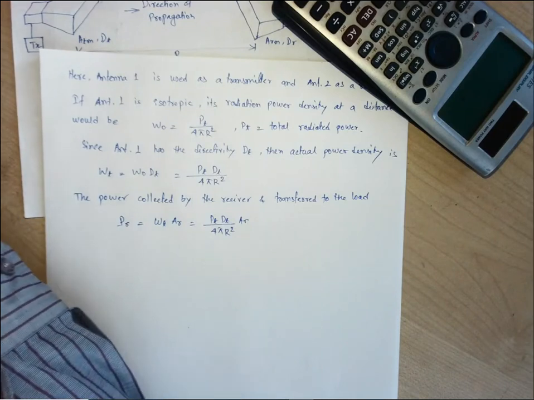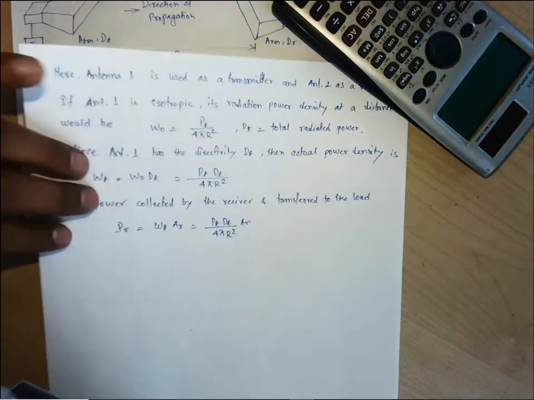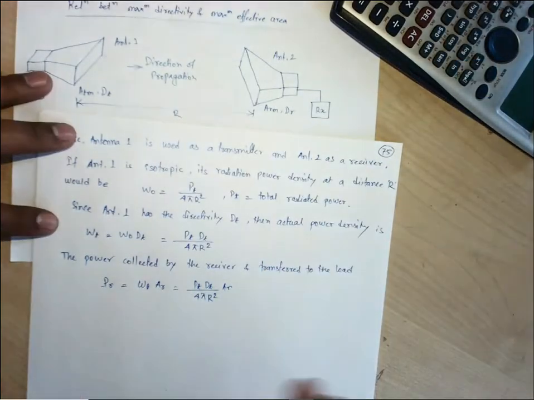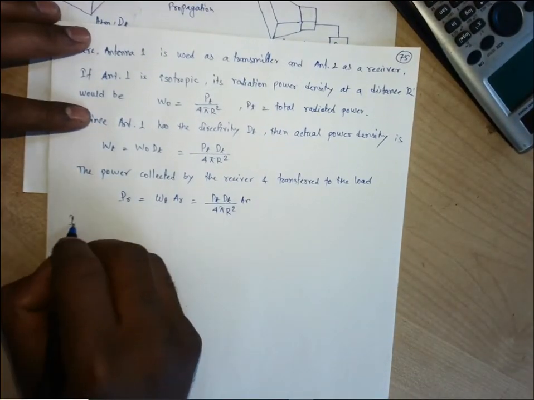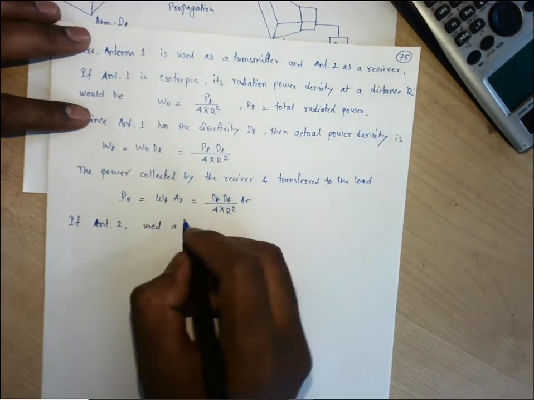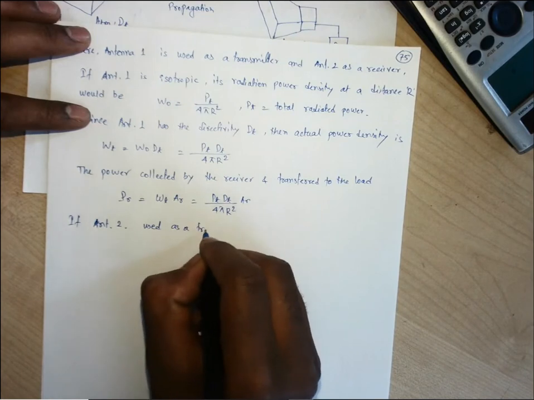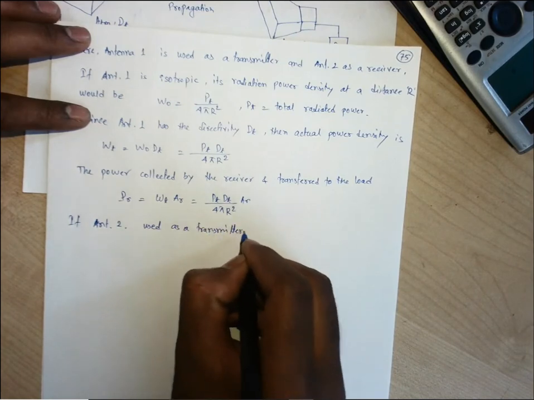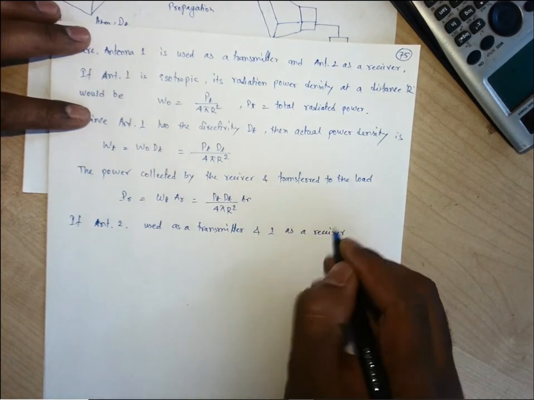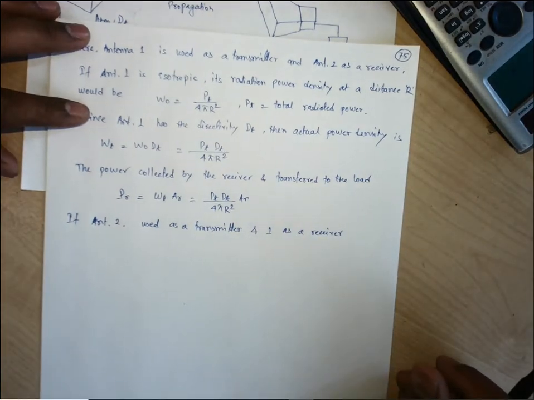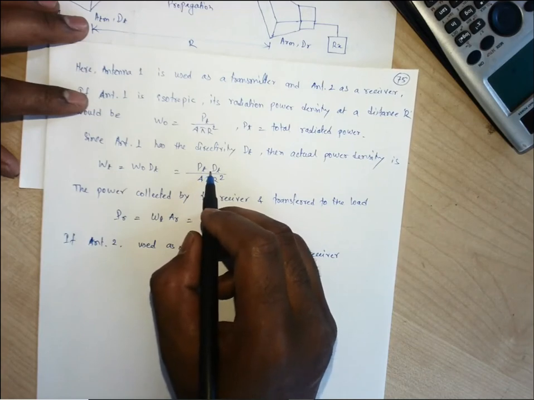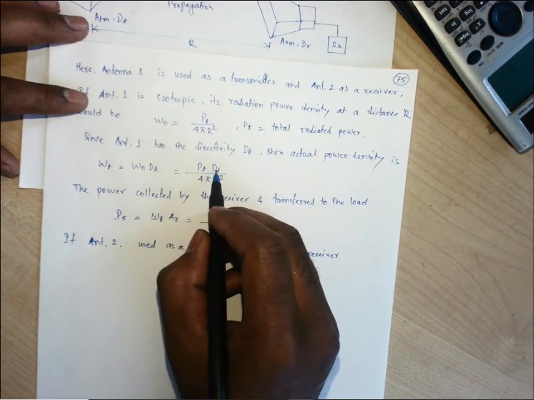Now let us think in the opposite way, that antenna 2 is the transmitter and 1 is the receiver. A reverse case. If antenna 2 is used as a transmitter and 1 as a receiver, we can take out the opposite case, right? So this one will be WR, which depends upon the directivity of antenna 2.